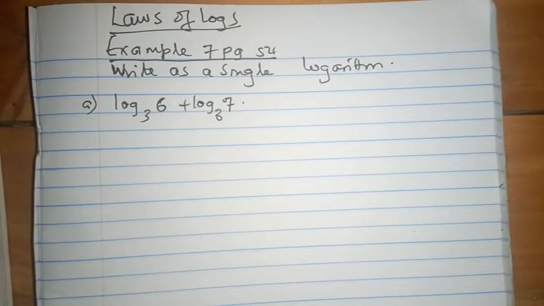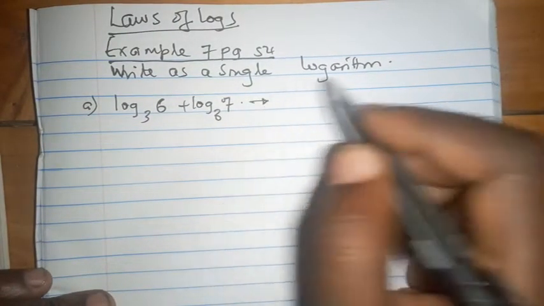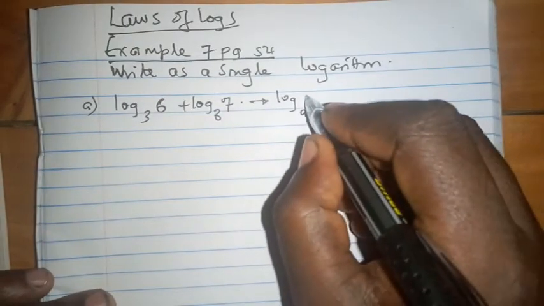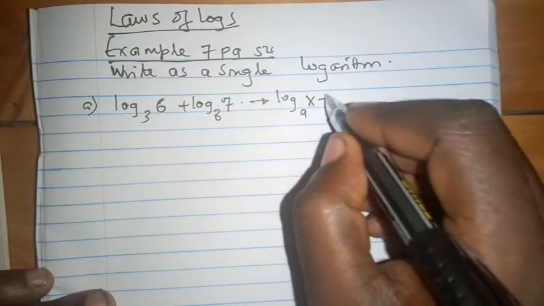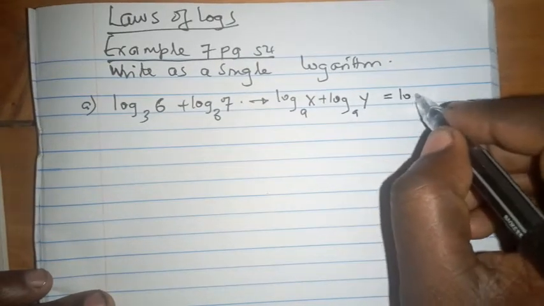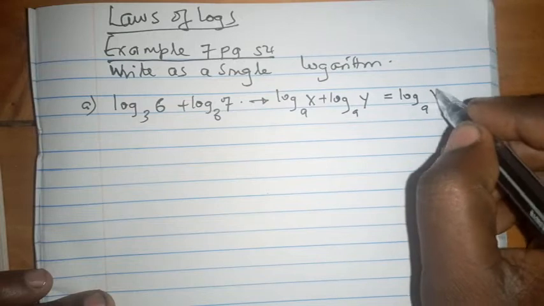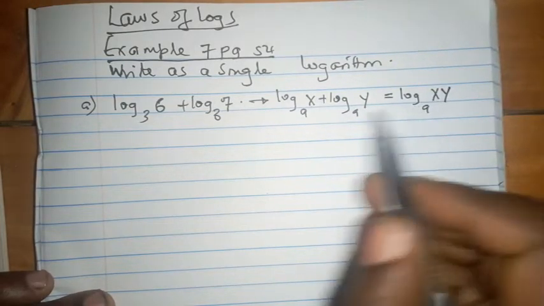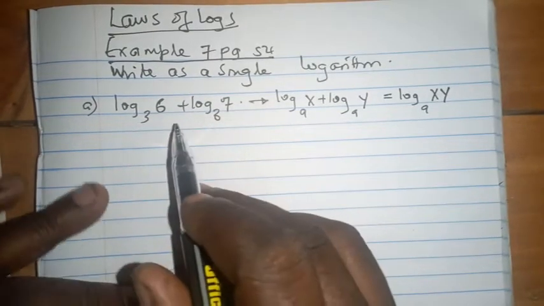And this one is coming from the first law of logarithms, which says log to base a of x plus log to base a of y is equal to log to base a of x times y. That is the law relating to this one.